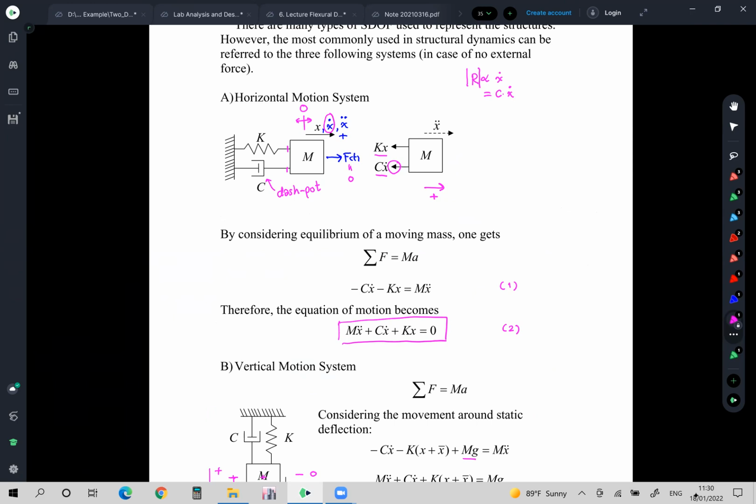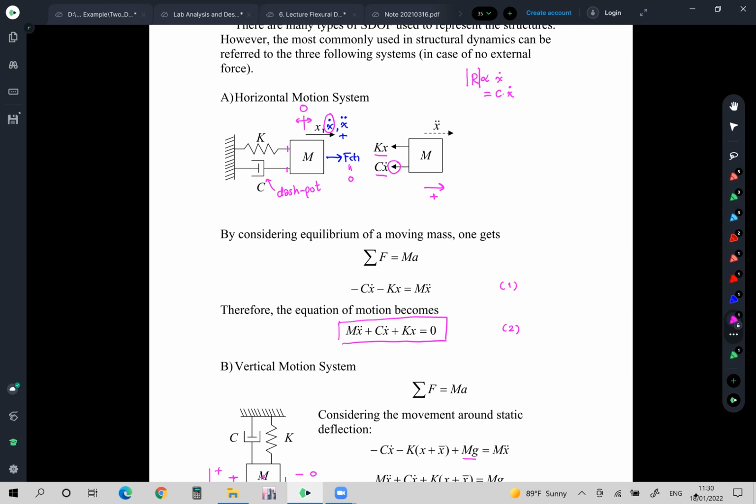In the very first chapter, we will learn the single degree of freedom system, where we have only one mass, only one stiffness parameter K, and only one damping parameter C.